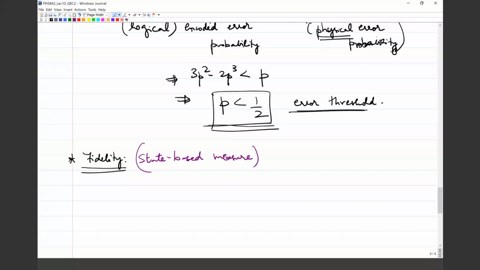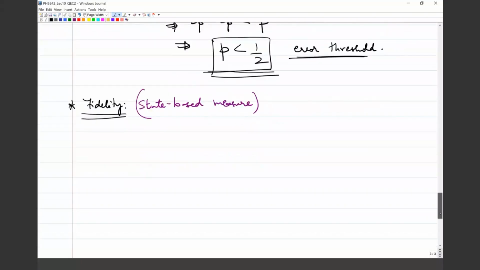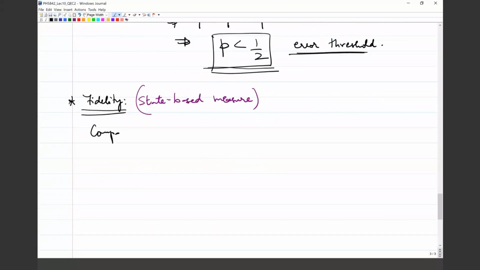To do this, I would like to compare the initial state, which is a state that you prepared and that you want to use for your computation, and the final state after the QEC protocol.